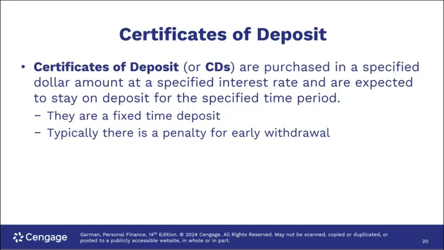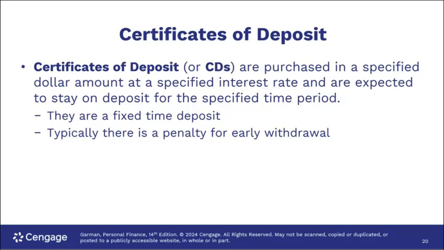So next we're going to talk about CDs, or certificates of deposit. Certificates of deposit have a specified dollar amount and a specific interest rate, and therefore for a specified period of time. They're a fixed time deposit. So you pay penalties if you withdraw them early.